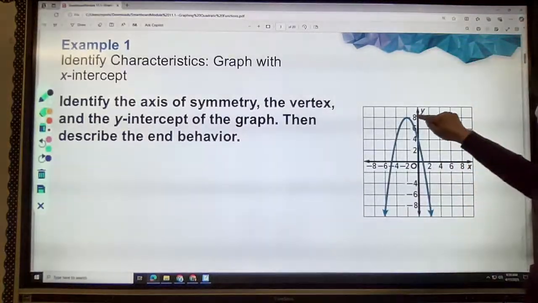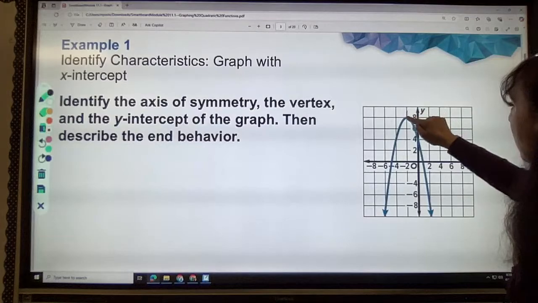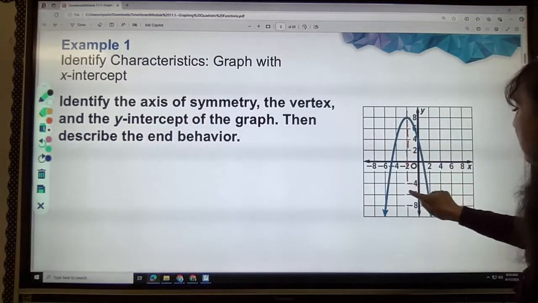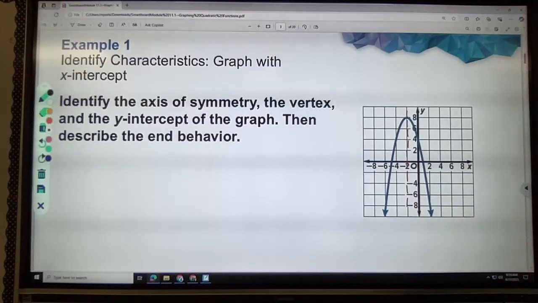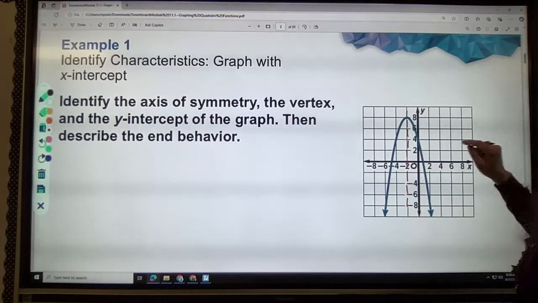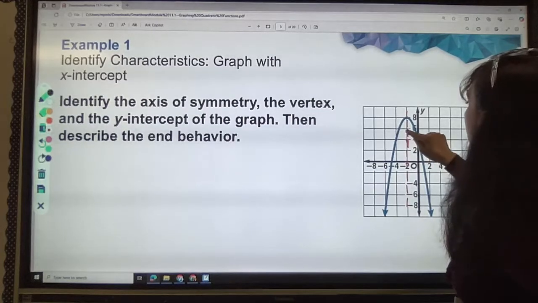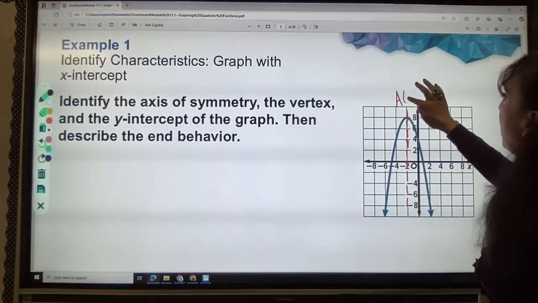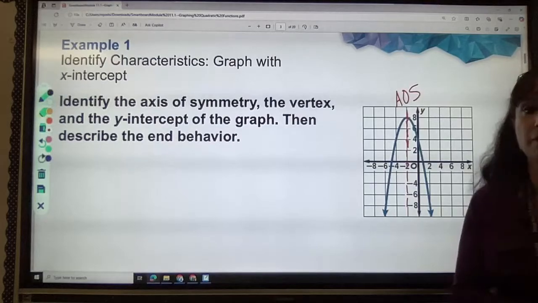That means where the vertex is touching, and here we go, because it intersects at the vertex. We know that the axis of symmetry intersects a parabola at the vertex, so that is why we are making this line. This is my axis of symmetry line.